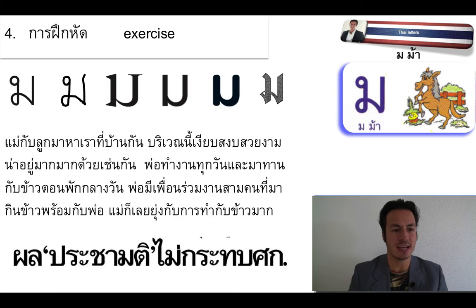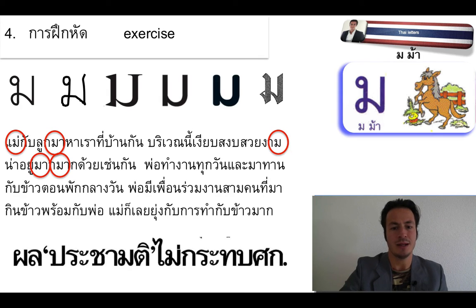Okay, the first text fragment. Where can we find mama consonants within that one? แม่กับลูกมาหาเราที่บ้านกันบริเวณนี้เงียบสงบสวยงาม. So 3 in the first line. Then we have the second line where we can find น่าอยู่มากๆ, 2 within the มาก word, and then ด้วยเช่นกันพ่อทำงานทุกวันและมาทาน and towards the end มาทานกับข้าวตอนพักกลางวันพ่อมี.